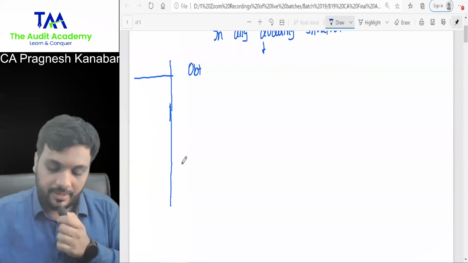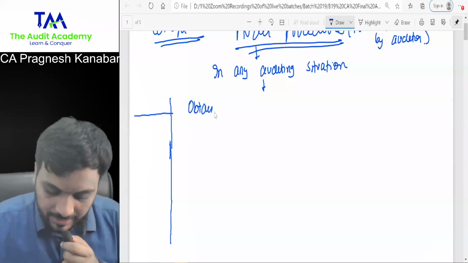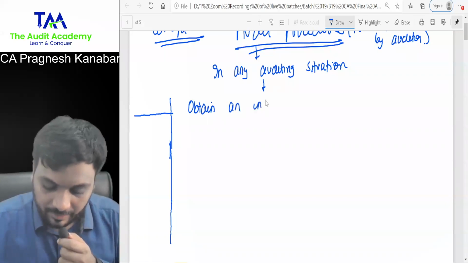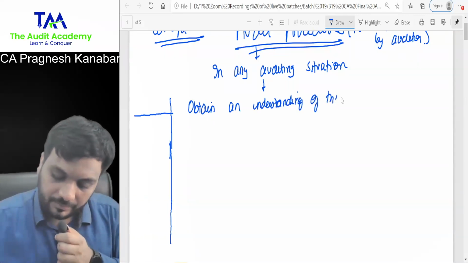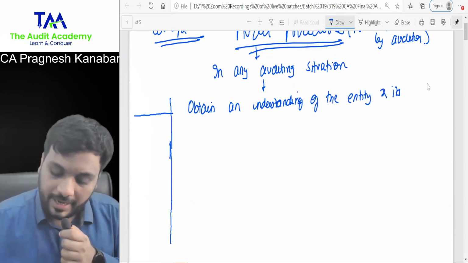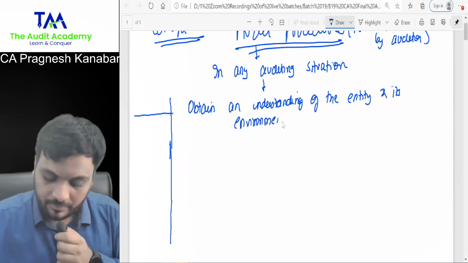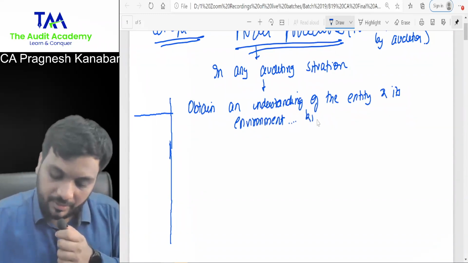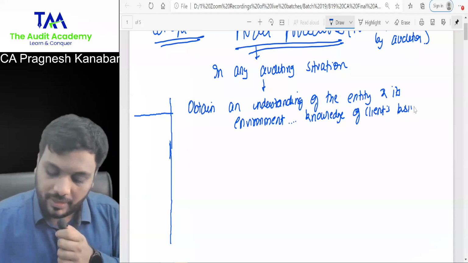Okay. So as an auditor, in any auditing situation, I need to obtain an understanding of the entity and its environment. That means obtain knowledge of the client's business.